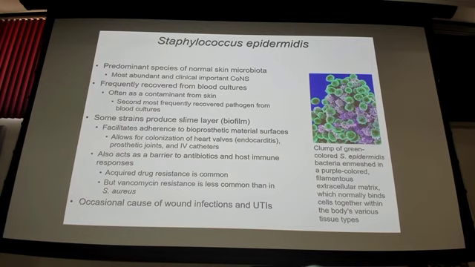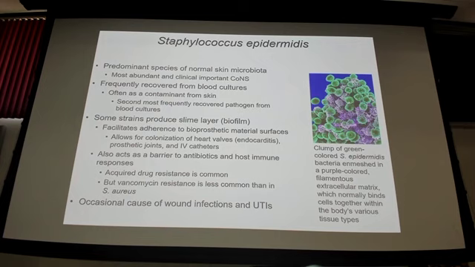When we recover it in the lab, oftentimes it is a contaminant. So somebody has an infection and you submit a blood specimen down to the lab for culture, and we identify epidermidis in that culture. We view it with skepticism initially. There are some criteria for it to meet in order for us to be convinced that it's actually causing infection in that person.